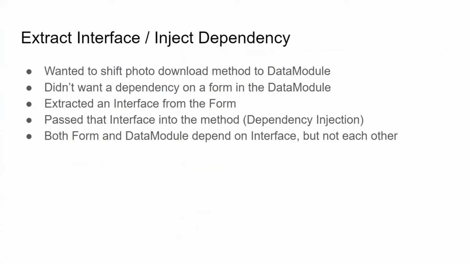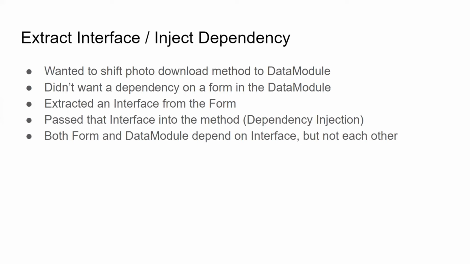If you're familiar with the SOLID principles of object-oriented programming, created by Robert C. Martin, Uncle Bob, sort of 20-something years ago, the D in SOLID is for the dependency inversion principle, which is what effectively we've done.